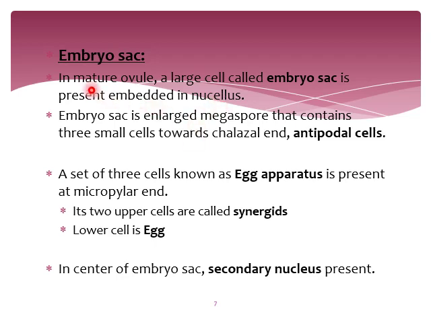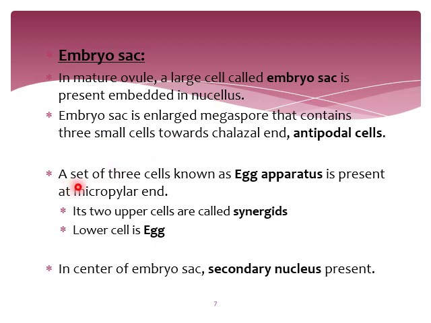Next, if we see the structure of the ovule, we have a large cell in the mature ovule embedded in the nucellus, which is known as embryo sac. Embryo sac is actually an enlarged megaspore that contains three small cells towards the chalazal end, which are known as antipodal cells.